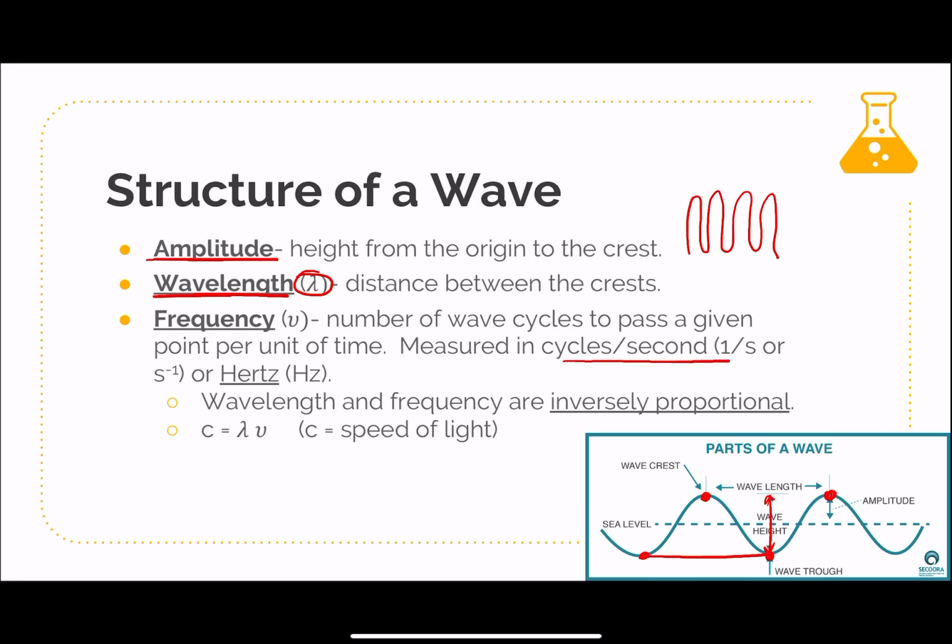If you shake it slow, the ripples will be longer and you won't have as many of them, okay? So this is a high frequency wave. This is a low frequency wave, okay? If it took 1 second to make all of that, you did 4 cycles per second, versus this one only did 2 cycles per second.